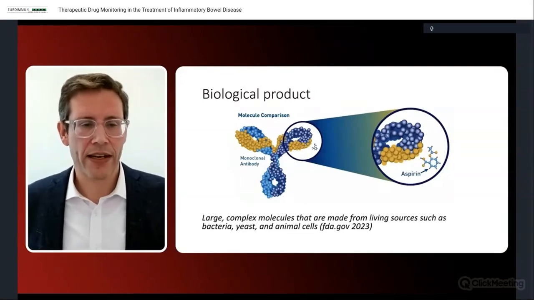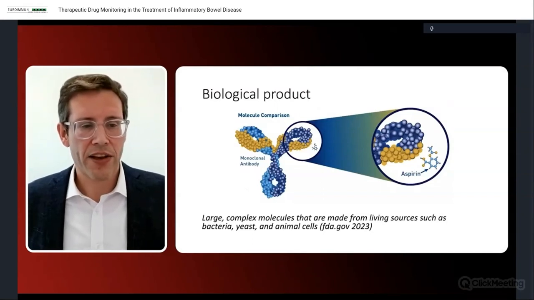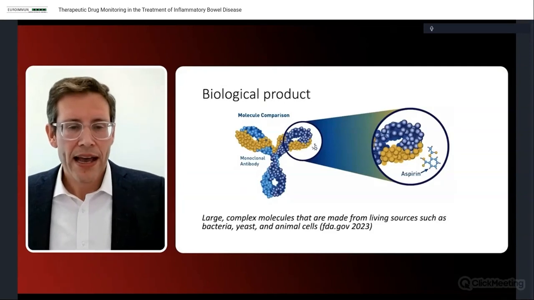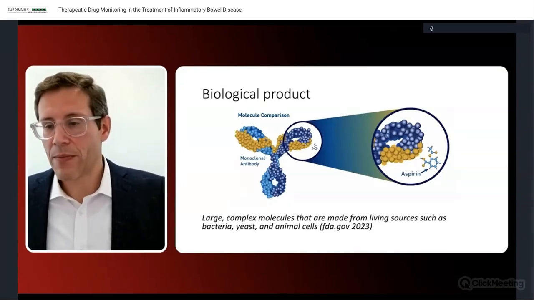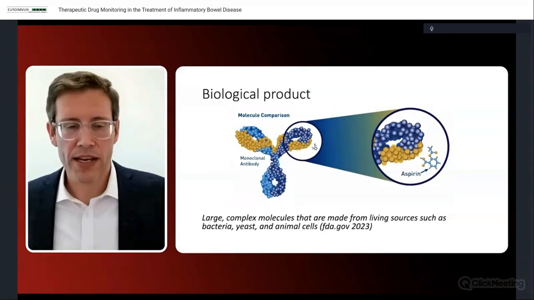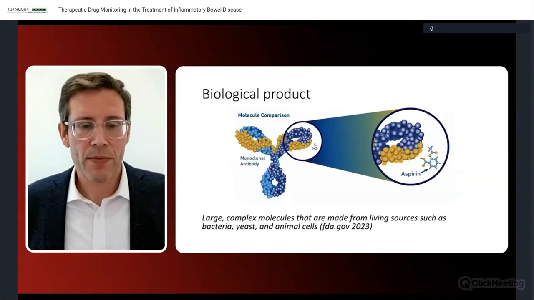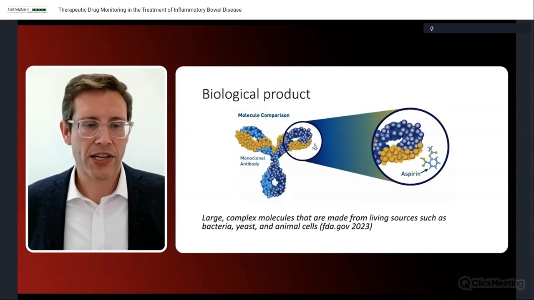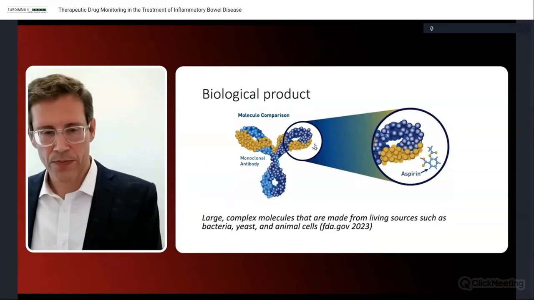And so in this graphic, you see a representative biologic therapeutic monoclonal antibody in comparison to aspirin, which is probably one of the most common small molecule drugs used. And you can see the high degree of complexity and the much greater size of the biologic product compared to a small molecule like aspirin.